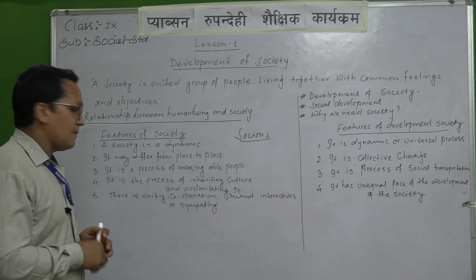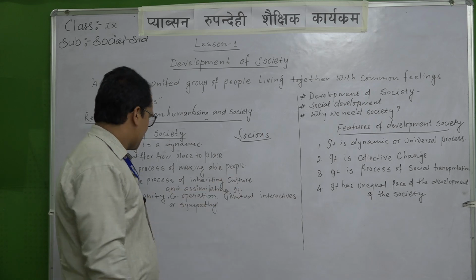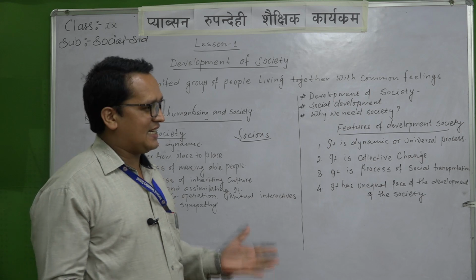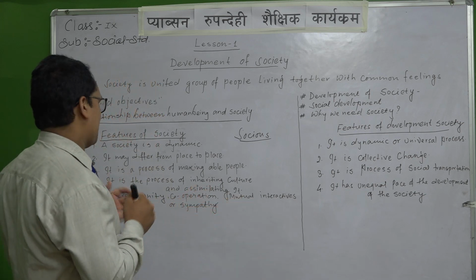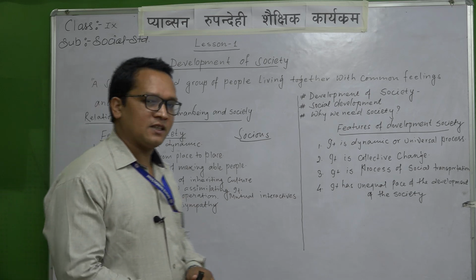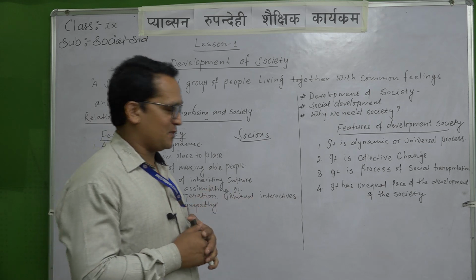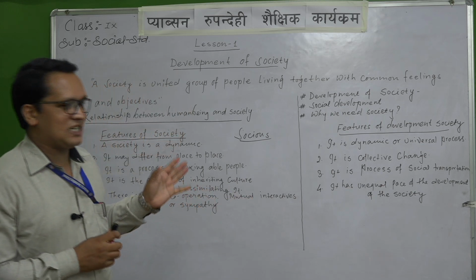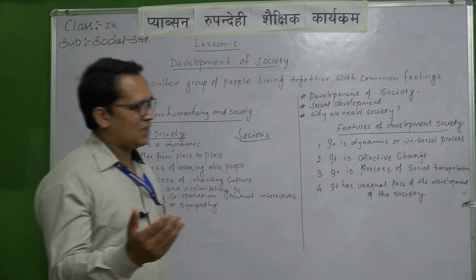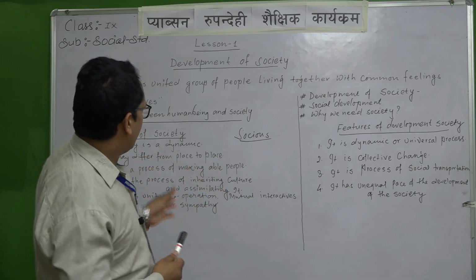Point number 5, there is unity, cooperation, mutual interactions or sympathy, to form a society. Society is a needful thing for us, and always there is unity, there is cooperation between and among the people, and mutual interaction. They know about others, and others may know about us, me and you, as well as sympathy.